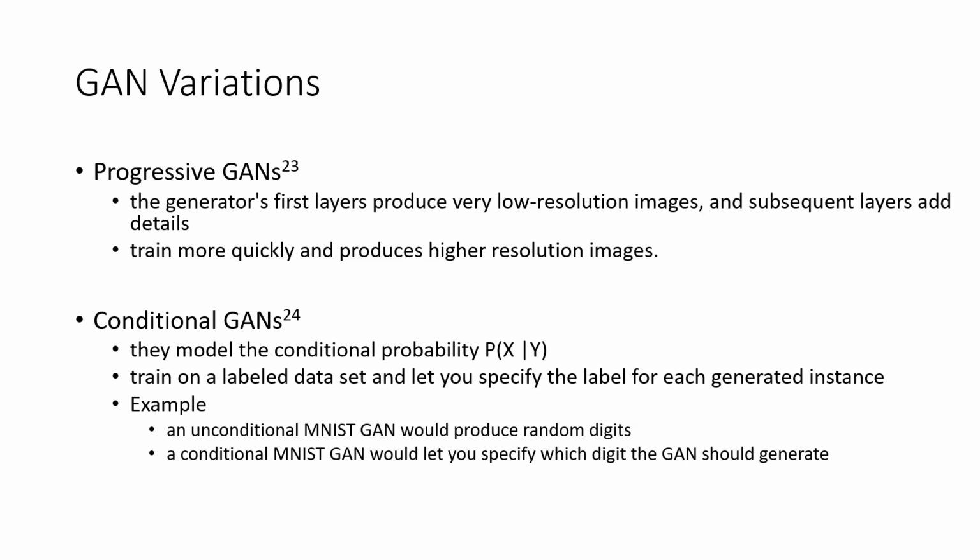Some GAN variations that have appeared are progressive GANs, where instead of trying to learn the actual image directly, the generator first learns a simpler example, like very low resolution images, where the subsequent layers add details.